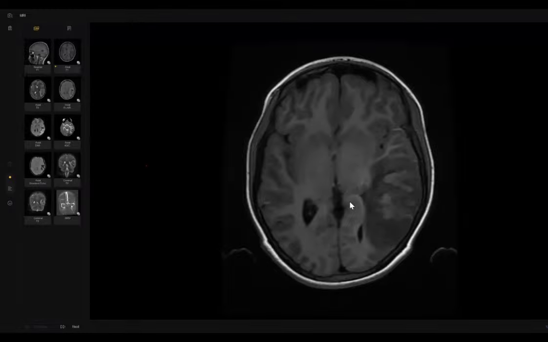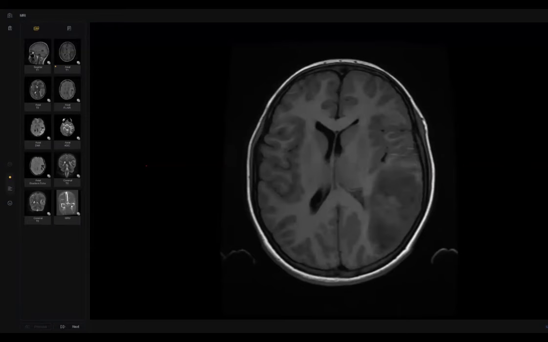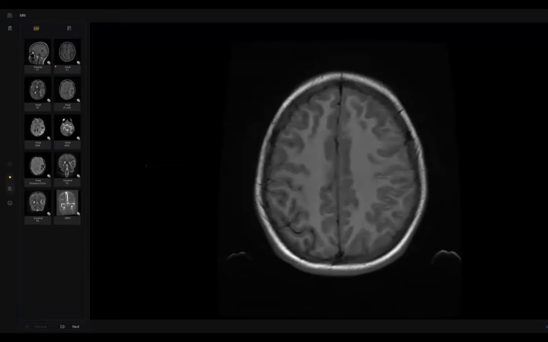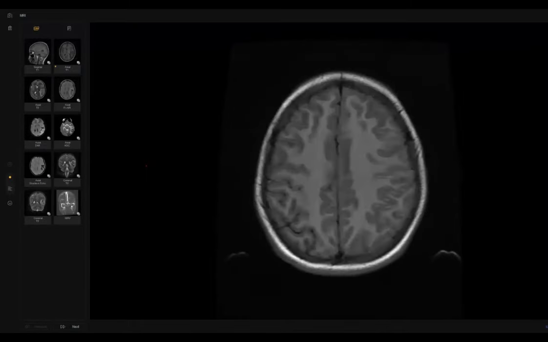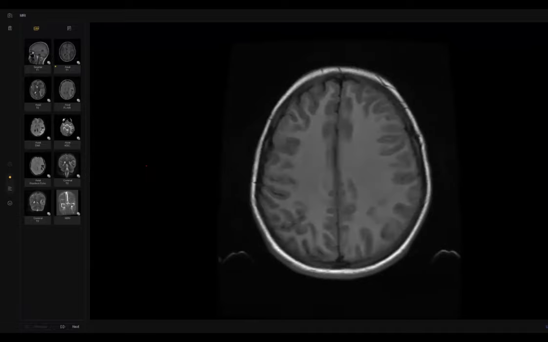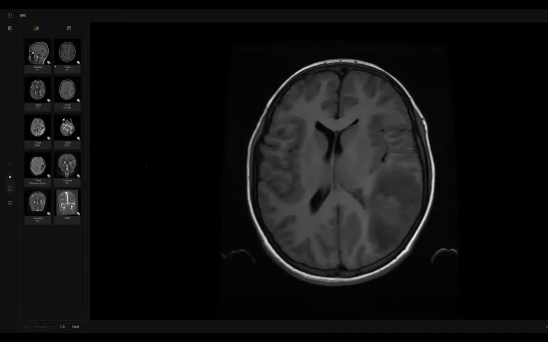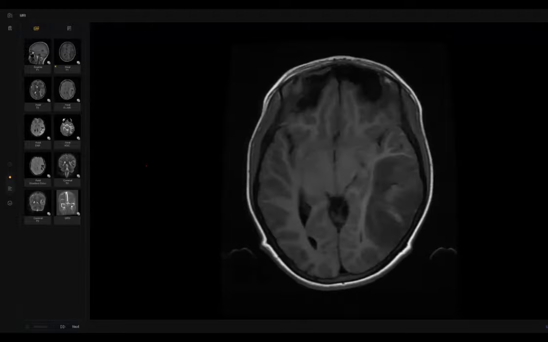Okay, so this is an axial T1 weighted MRI of a 15-year-old male who presented with severe headache. There is a bit of lag, so please bear with me. I can see a large area of altered signal intensity involving the left temporal lobe with slight mass effect.